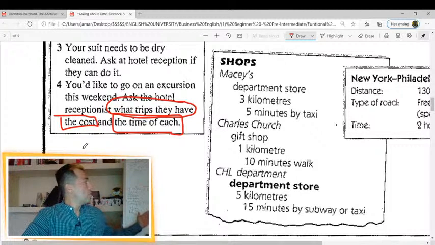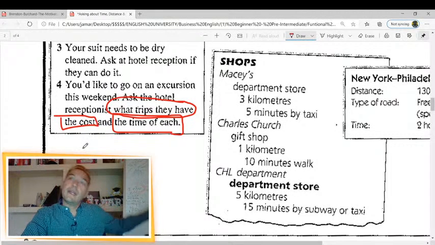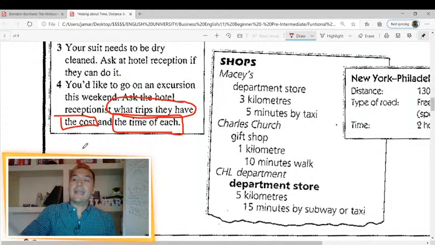How long? What is your auxiliar? Is. ¿Qué es? So we can use the to be. Excellent. Complete? How long is the camel excursion?